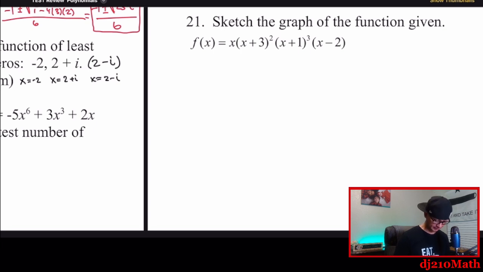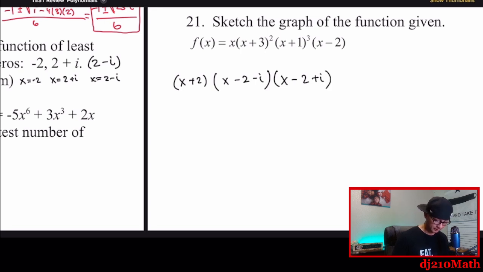What I'm saying is we're going to turn these roots into factors: x plus 2, x minus 2 minus i, and x minus 2 plus i.